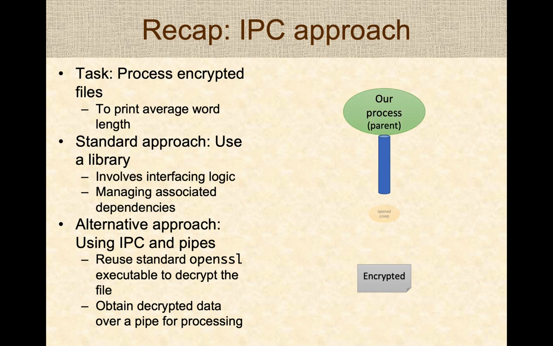Keep in mind, just a quick recap of this IPC approach: we can use IPC as an alternative to using standard libraries and such. This is an alternative where we can reuse existing programs. In this case, we reuse OpenSSL to obtain the decrypted version of a file over an anonymous pipe so that we can do processing with decrypted data.